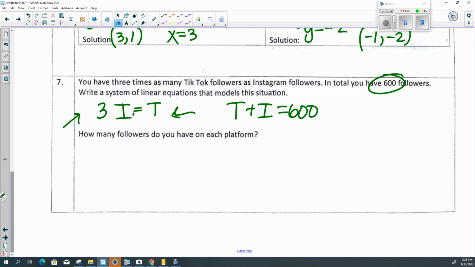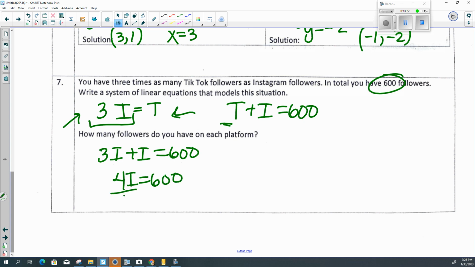From here, I can use substitution. That seems to be the easiest. So instead of a t, I'll put 3i plus i equals 600, and divide both sides by 4. My Instagram followers are 150.